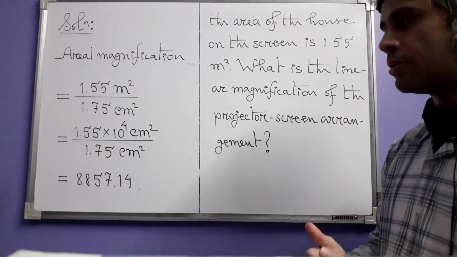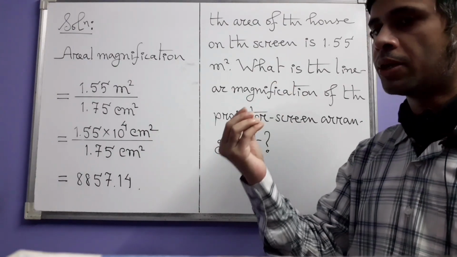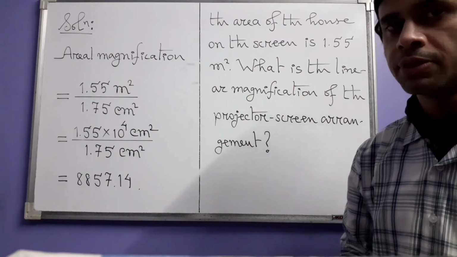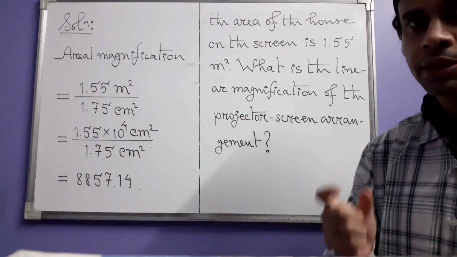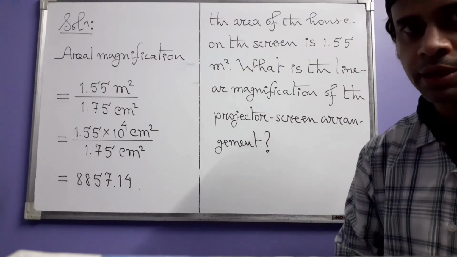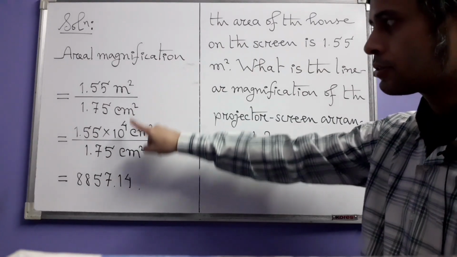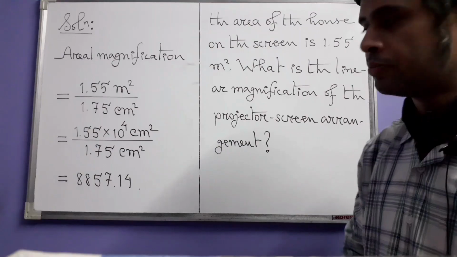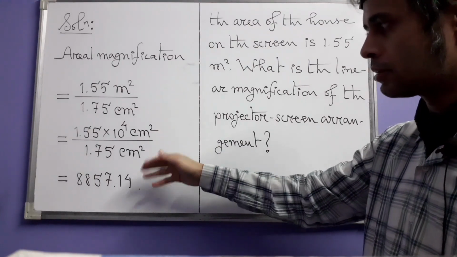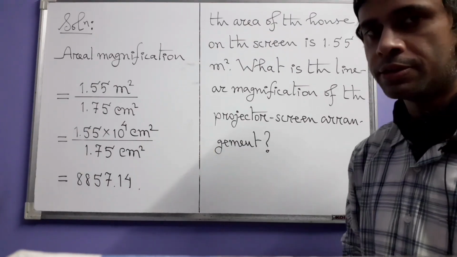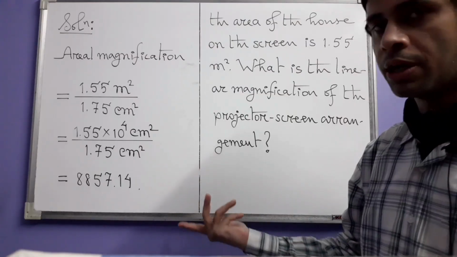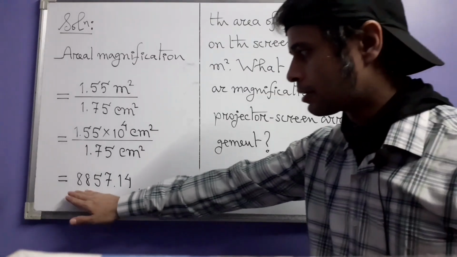If you simply write centimeter in place of meter, what will you write along with that? 100, because 100 centimeters equal 1 meter. But there is square, so 10 to the power 4 centimeters square. But then after you cancel the units, this one will not have any unit. And this is what you get.